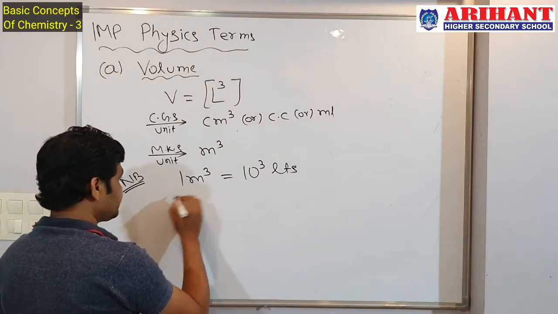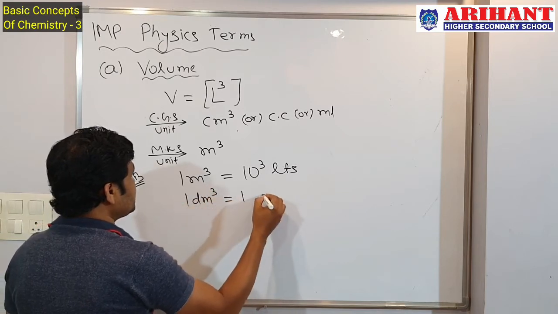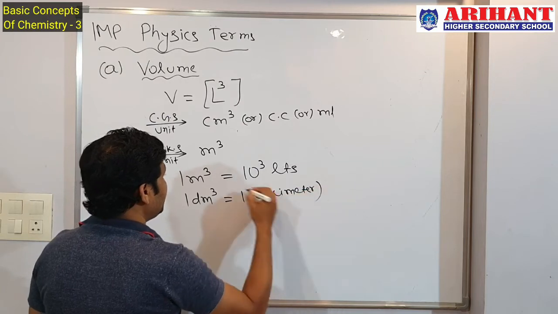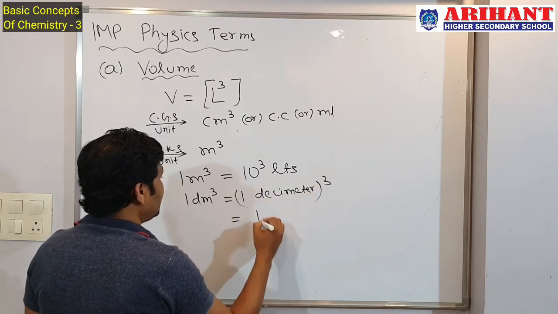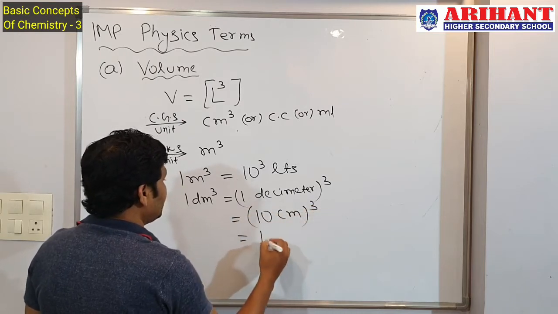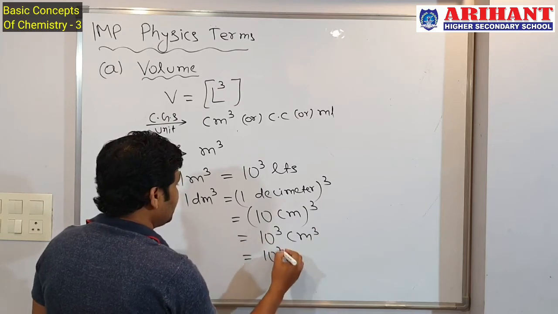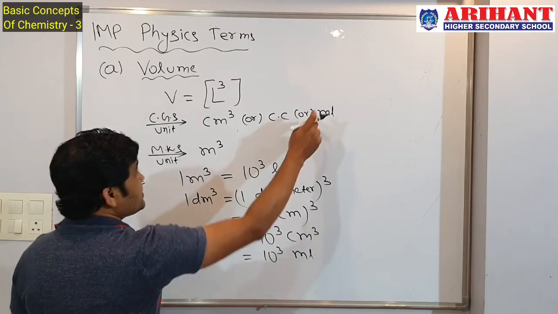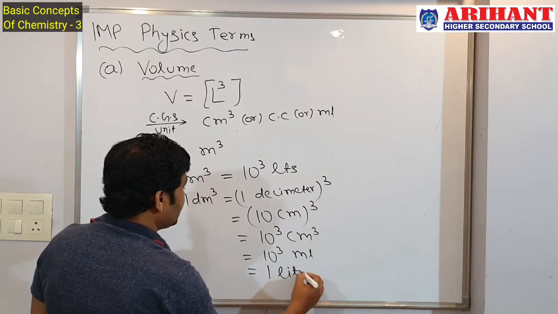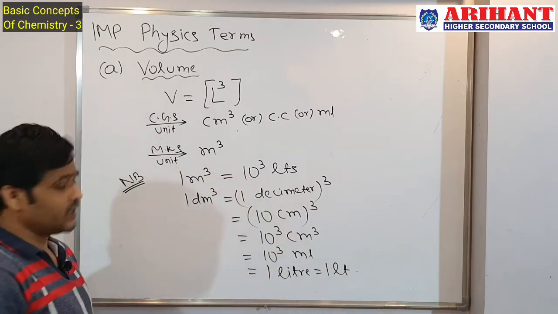1 dm cube, it means 1 decimeter cube. 1 decimeter is equal to 10 centimeter. 10 centimeter cube, 10 to the power 3 cm cube, 10 to the power 3 ml, because cm cube is equal to ml, and it is nothing but 1 liter.